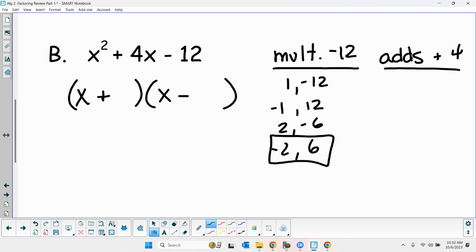Won't that give you the 4? So the 2 would be with my minus sign, and the 6 would be with my plus sign. And again, if you put x minus 2 first and then x plus 6, that's okay. Just make sure the 6 has the plus with it and the 2 has the minus with it. Just coming back to you guys, these are the easy ones. Yeah. Right?